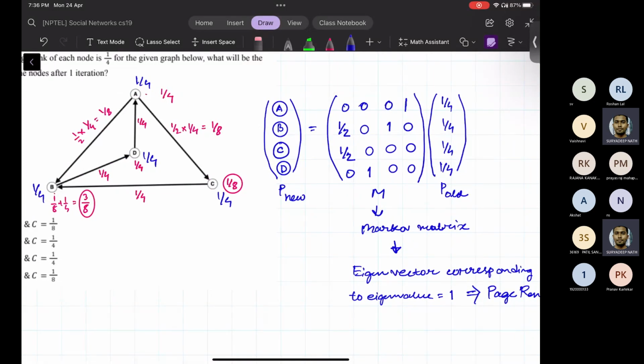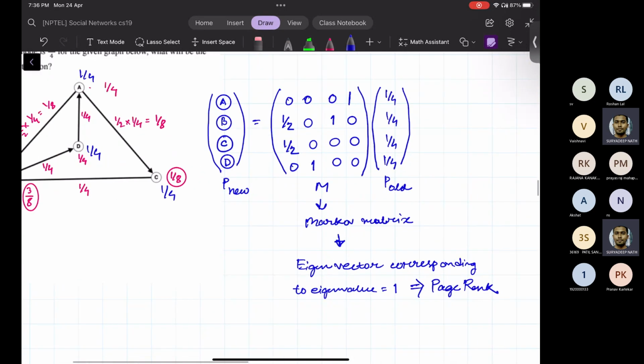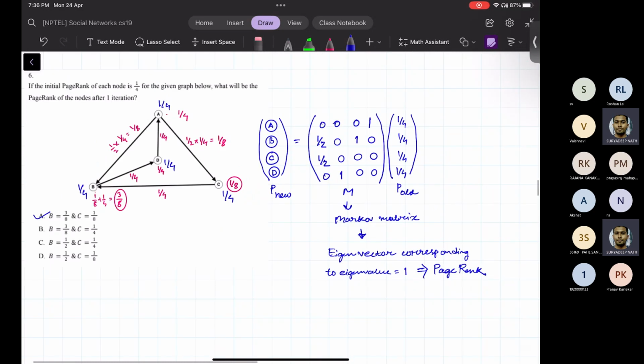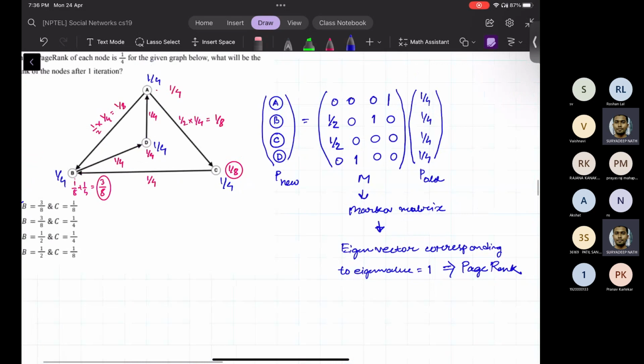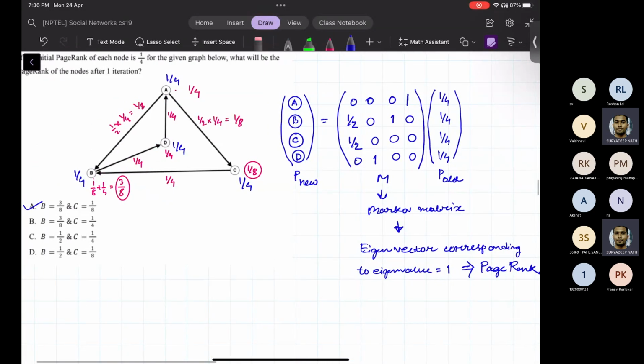So if you can construct M and find its eigenvector corresponding to eigenvalue 1, you don't have to carry out these iterations every time. It would straight away give you the page rank of this graph. So the challenge is to create this matrix M.